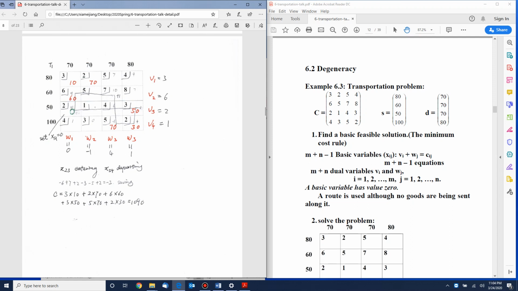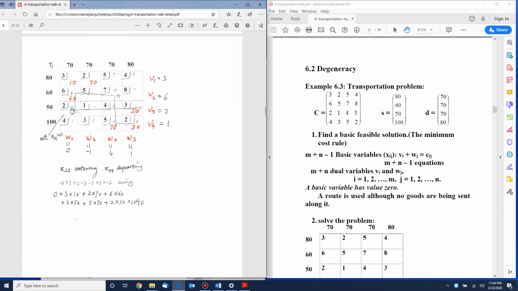And then that means a route is used although no goods are being sent along it. Okay, so here, how may we set up another basic variable with 0 value?